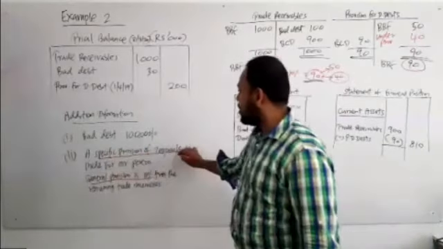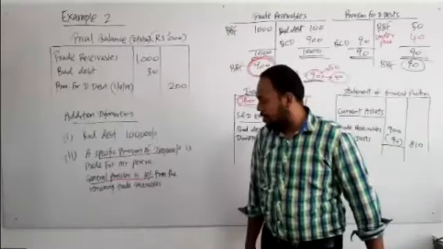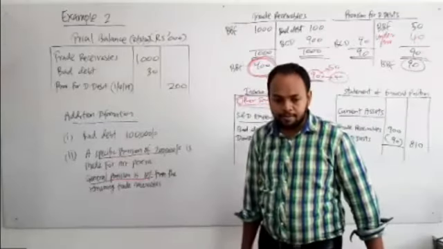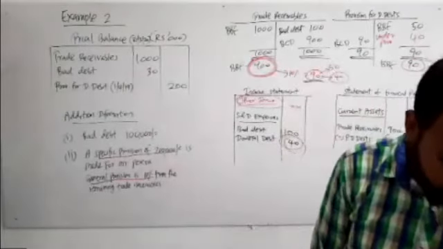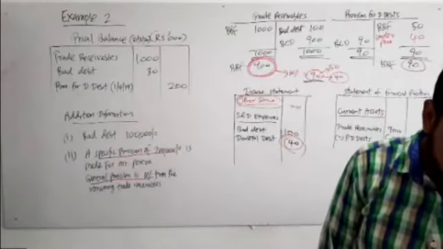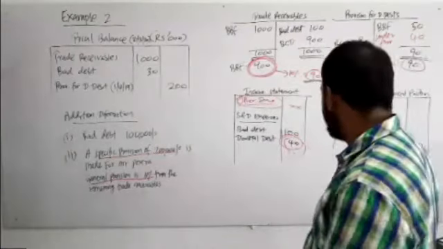Specific provision is 200,000. General provision is 10% from the remaining trade receivables. Required the same things.